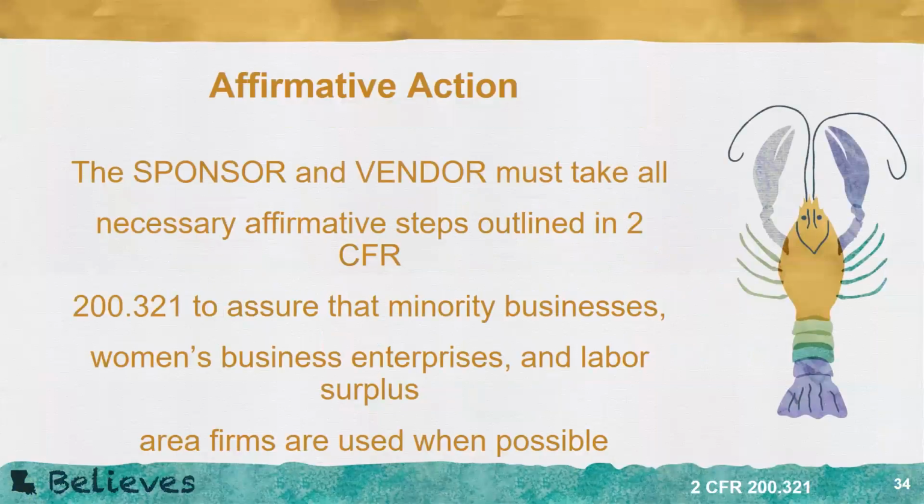Now, always remember that if you do a formal solicitation, you have to include the affirmative action steps that are outlined in 2 CFR 200.321. These steps are intended to assure that minority businesses, women's businesses, and labor surplus firms are used whenever possible.